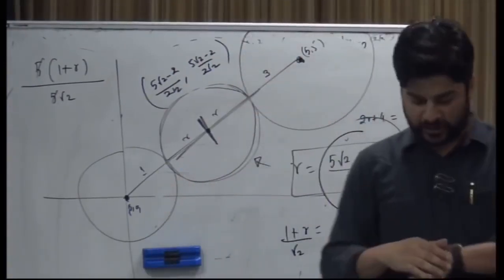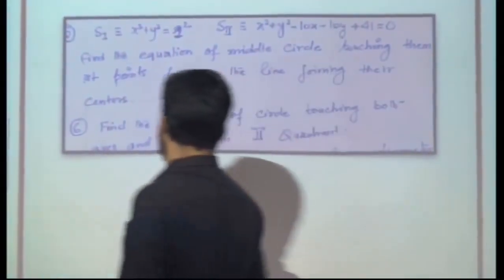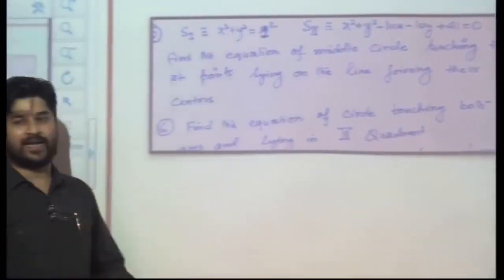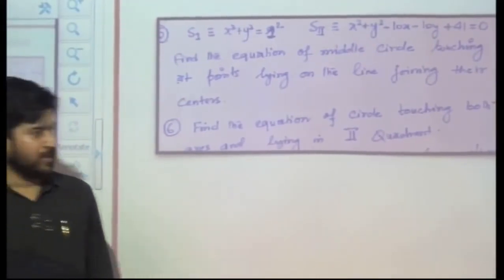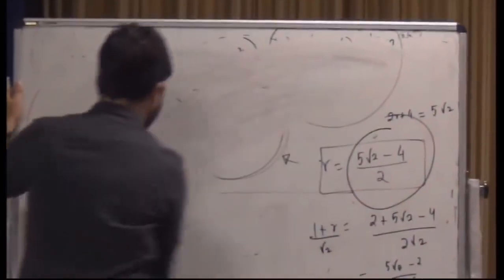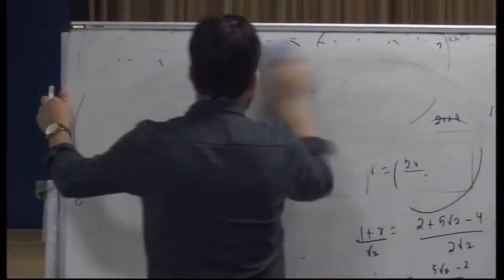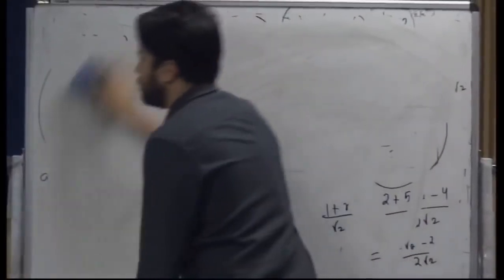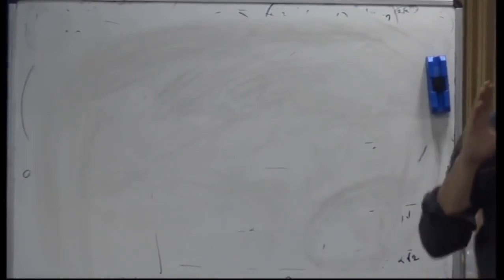Okay, just see the second question. Find the equation of circle touching both axes and lying in second quadrant. Let's visualize it. You have a circle which is touching both axes and lying in second quadrant.